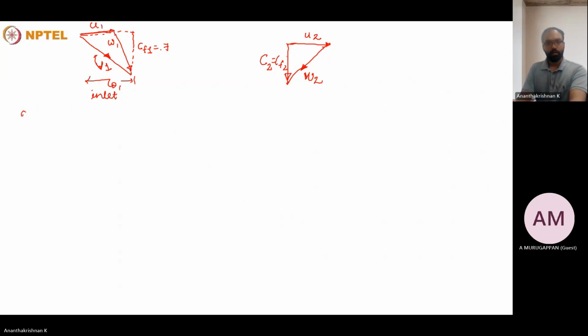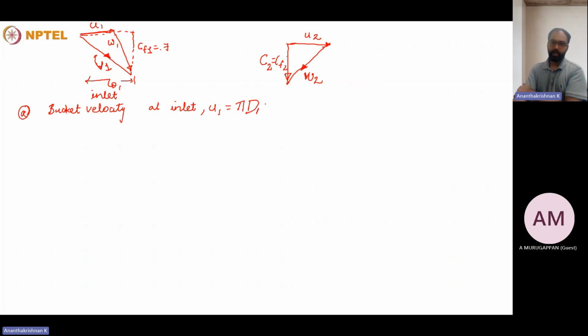First of all, in order to calculate the absolute velocity at the inlet, we need to know all the other parameters. The bucket velocity at the inlet, U1, is equal to pi into diameter at the inlet multiplied by the RPM divided by 60.